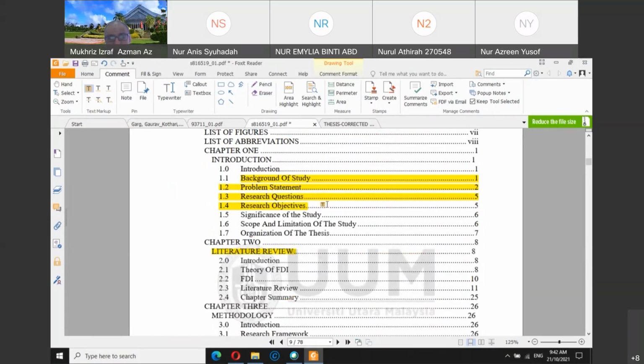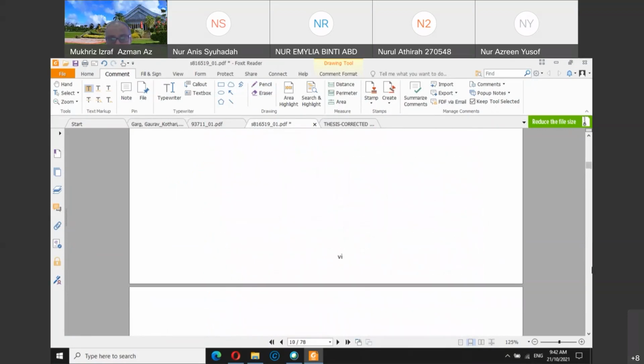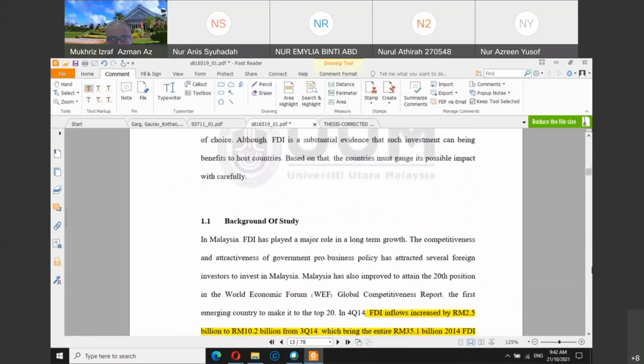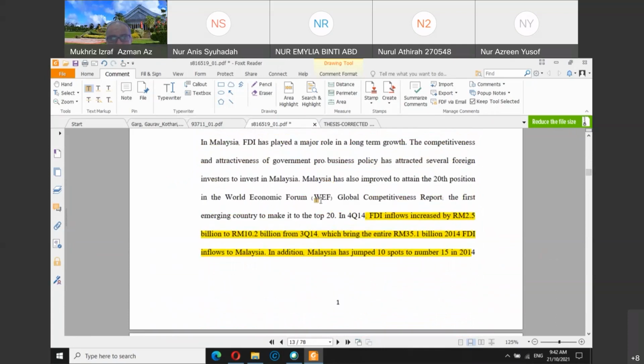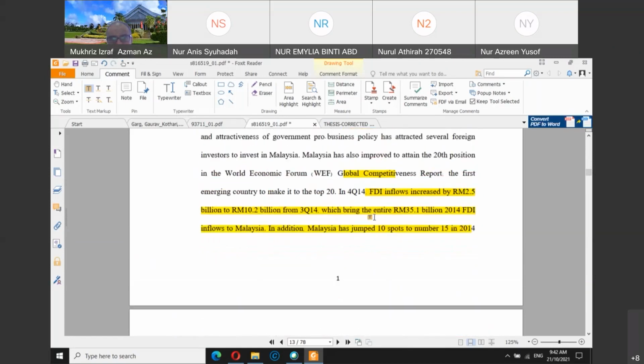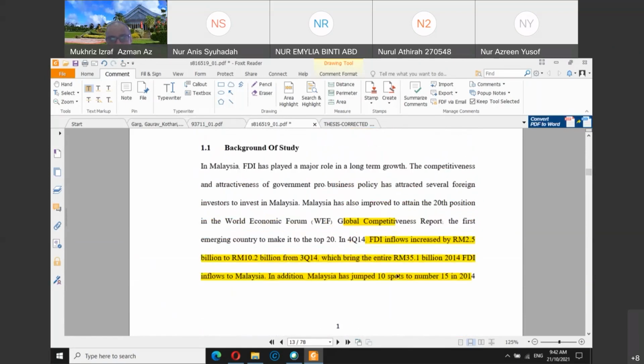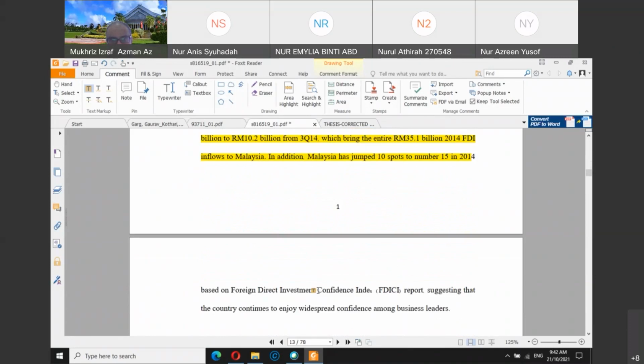For example, if you refer to the thesis we discussed last Monday, the student mentioned this global competitiveness report, so the rest of the paragraph, I assume, comes from this report, or based on the foreign direct investment confidence index.